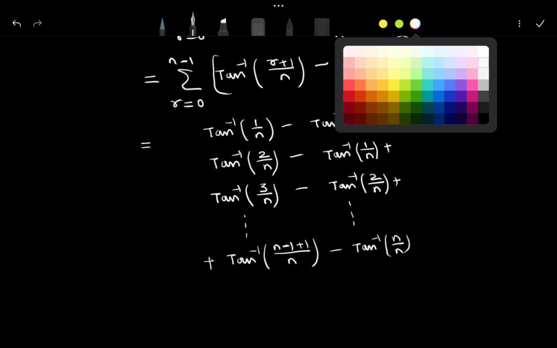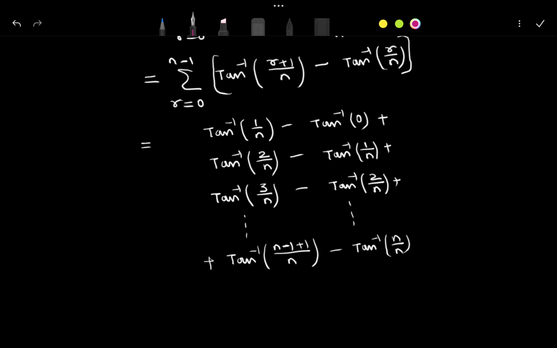Now by observing this, plus tan inverse of 1 by n minus tan inverse of 1 by n is cancelled, plus tan inverse of 2 by n minus tan inverse of 2 by n, plus tan inverse of 3 by n minus tan inverse of 3 by n cancel. Like that, the last term's minus tan inverse of n by n cancels. What remains? In the first term, minus tan inverse of 0, and in the last, tan inverse of n minus 1 plus 1 by n.